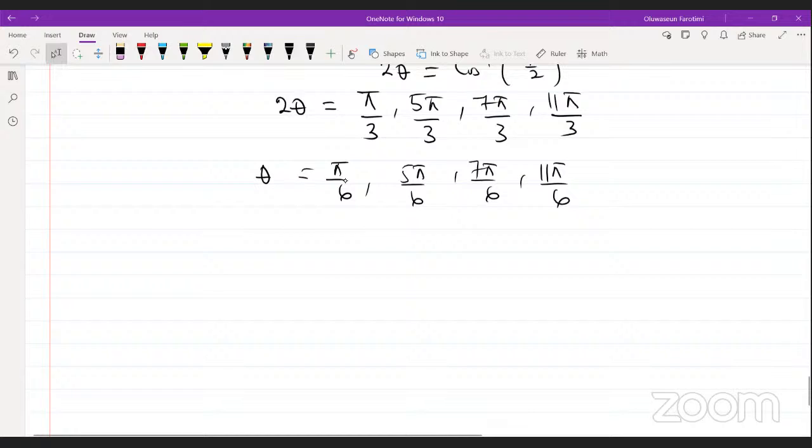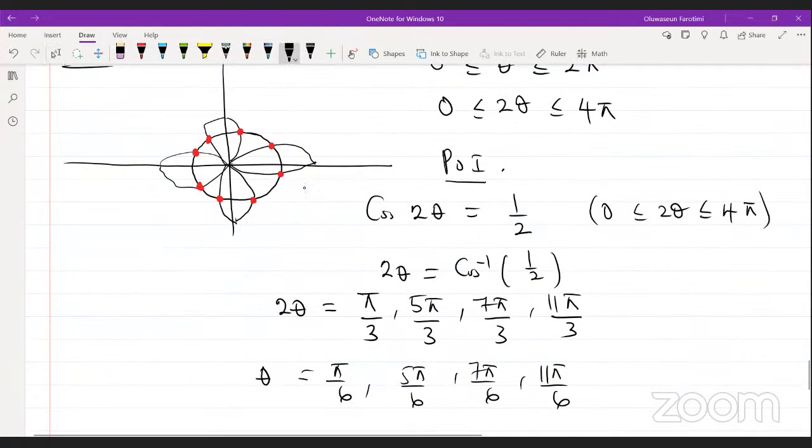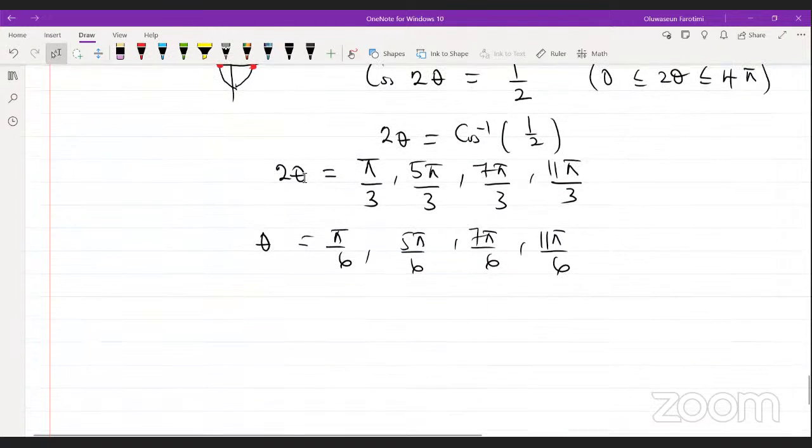Now, however, I need to be able to get other points. If you go back to the red points, think about these. Let us count how many of them we've got. This is 1. Let's start from here. 1, 2, 3, 4, 5, 6, 7, and 8. Now, 8 points. But what have I found so far? I only found 1, 2, 3, 4. If I stop here, then it's kind of half a job. The job is not complete.